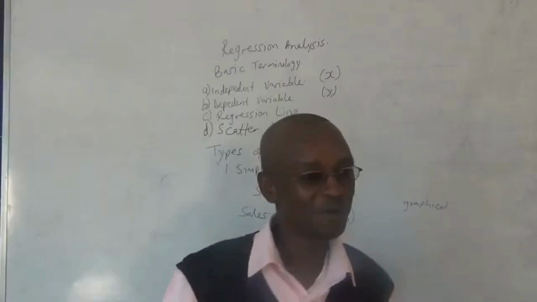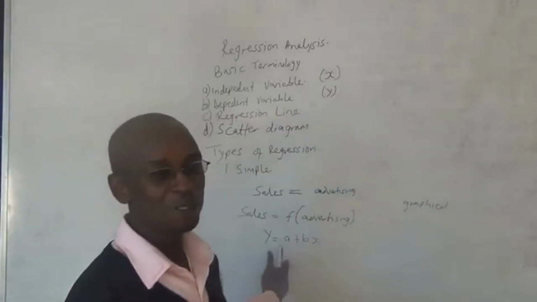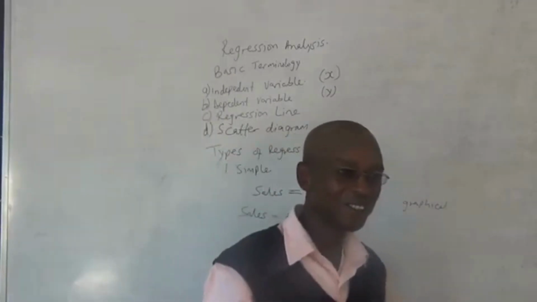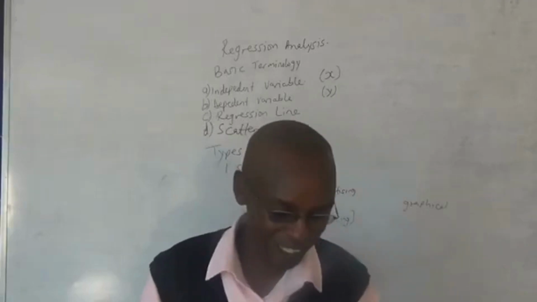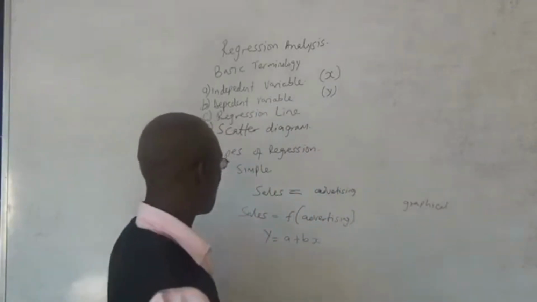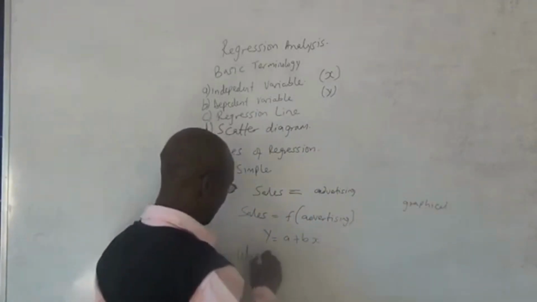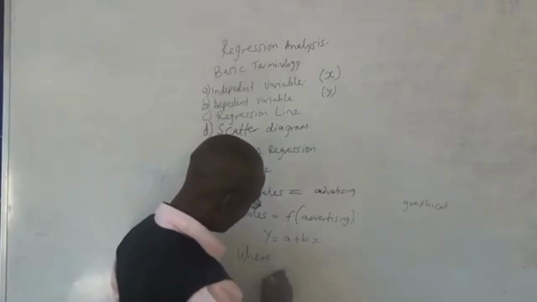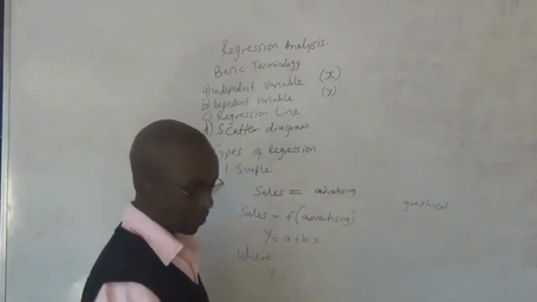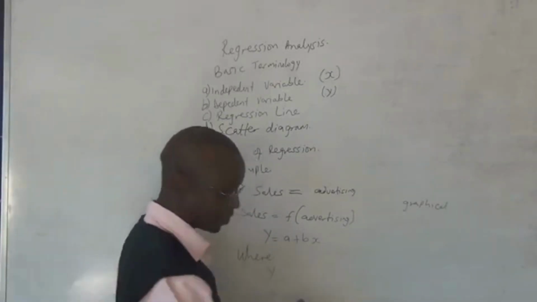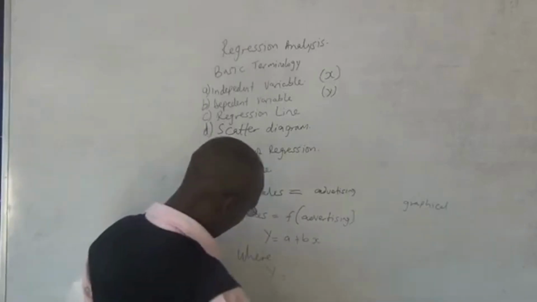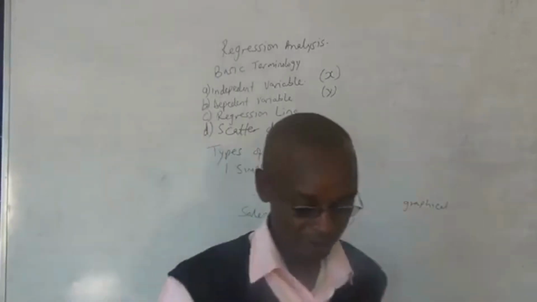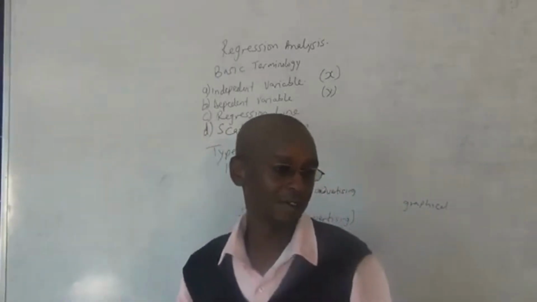In high school, mulisoma hiyo. Y is mx plus c, so that you can get the gradient. So y is a plus bx, where y is dependent variable, x is independent variable, kuna a, kuna b.